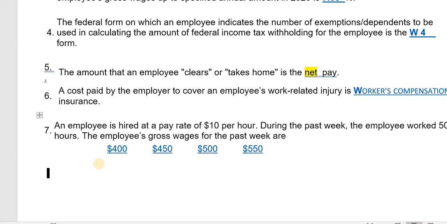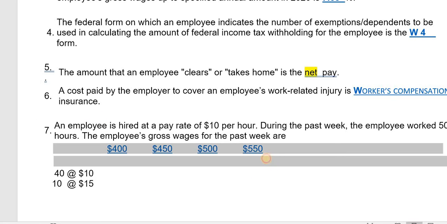So we would calculate this by saying he worked 40 hours at $10, and then he's going to work another 10 hours at $15. So it's going to be 400 plus 150, or $550.